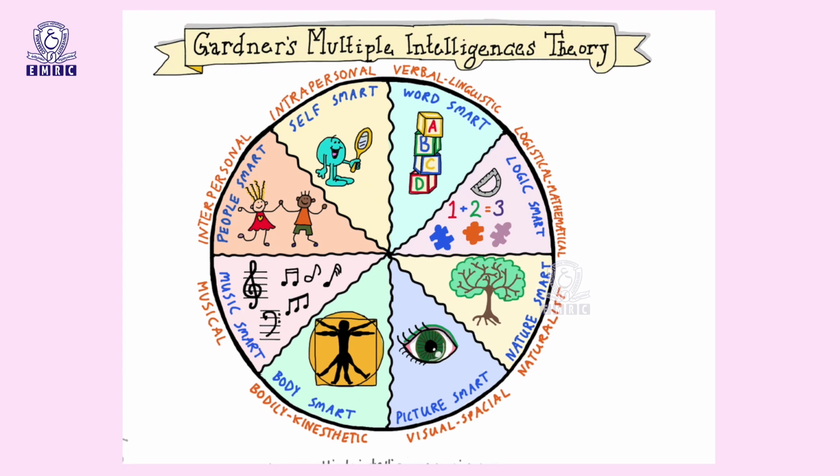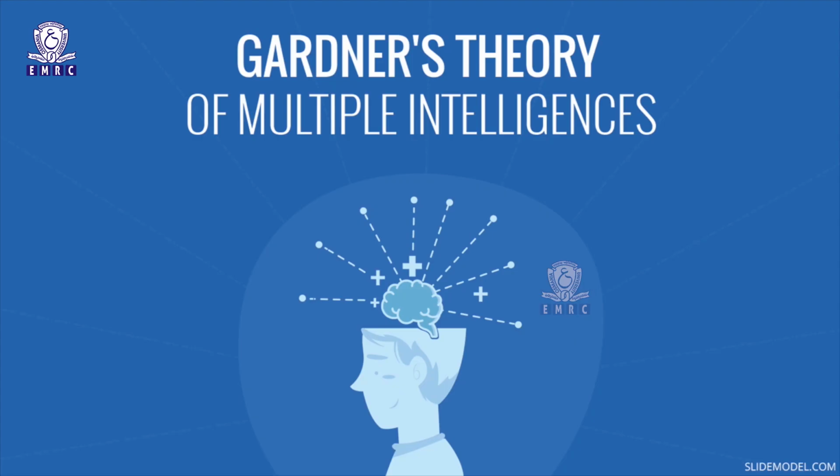One of the most prominent of these models is Howard Gardner's theory of multiple intelligences. Gardner proposes that there are 8 different forms of intelligence, each of which functions independently of the others.